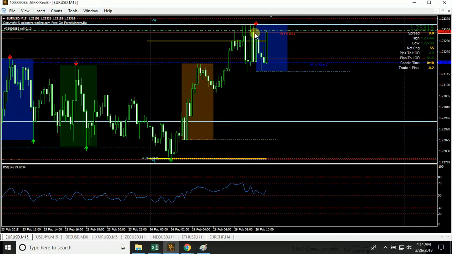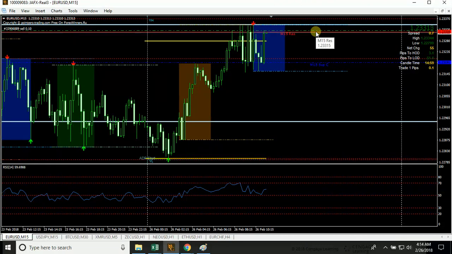But if they close back up here above this, where this arrow is, they're gonna shoot up for probably 15 pips and then stop. And of course, 15 to 20 pips is the stop line, but only if they breach.